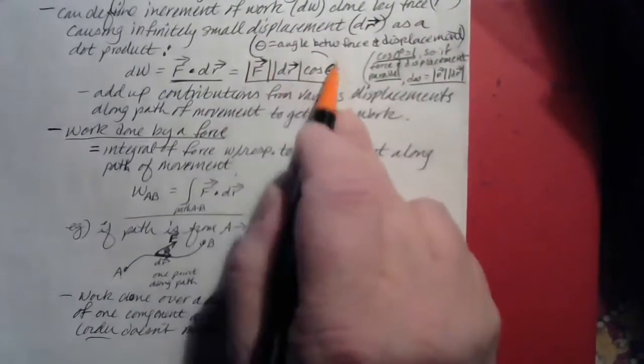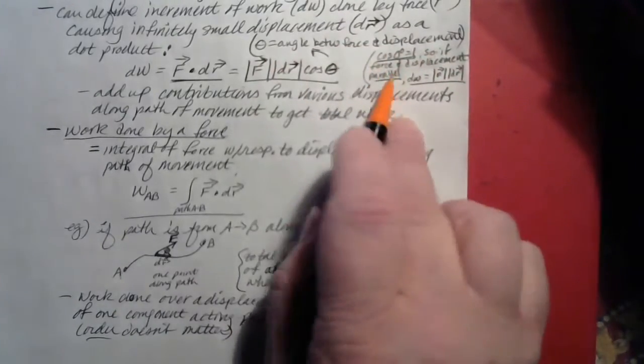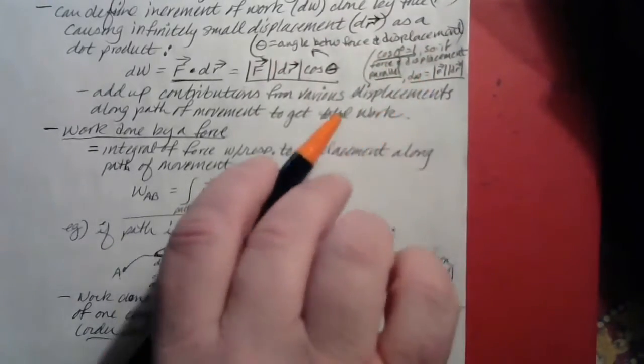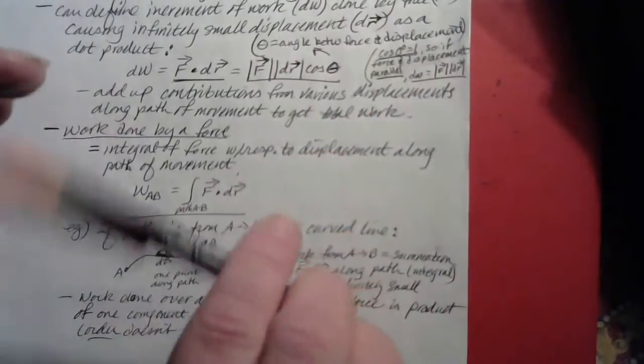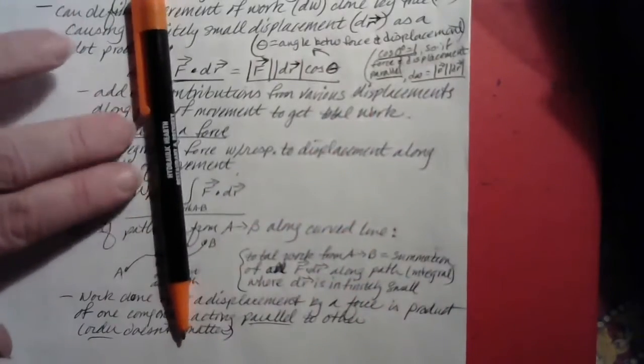Theta is the angle between force and displacement. In a lot of cases, the force and displacement are parallel to each other. Like if I push on this pen, I'm pushing in this direction, and the pen is moving in this direction. So the force and the displacement are parallel.